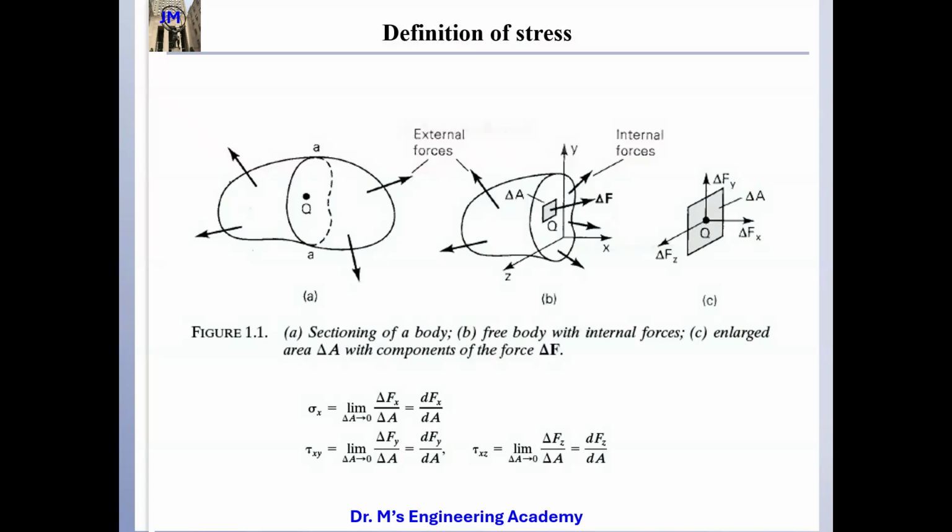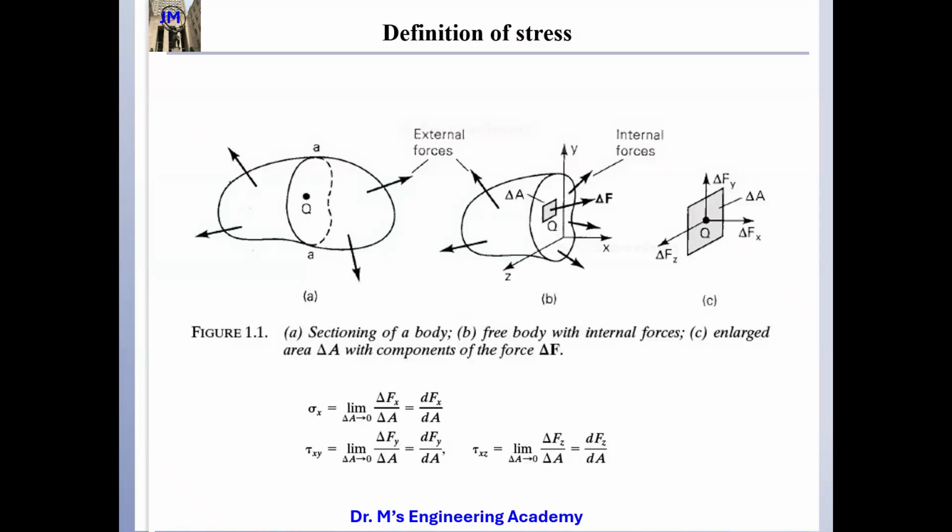Here is the area, and this is my force, and I have three force components, X, Y, and Z. Keep in mind that the XYZ coordinate system is artificially imposed. Different people might have different preferences, but without loss of generality, I use this as X, this one as Y, and Z, following the right-hand rule.